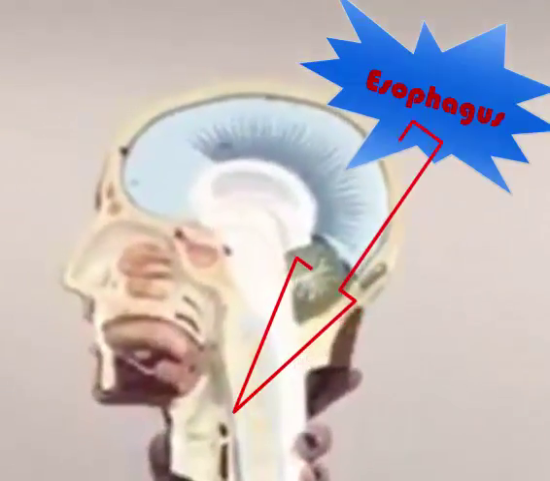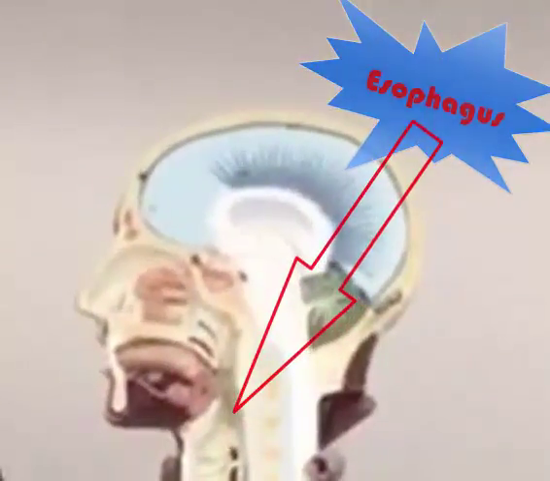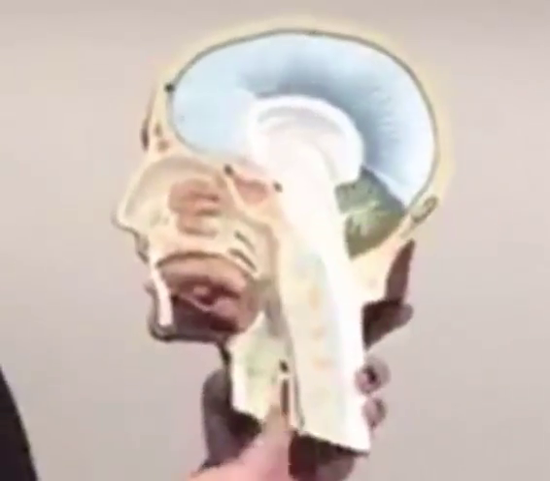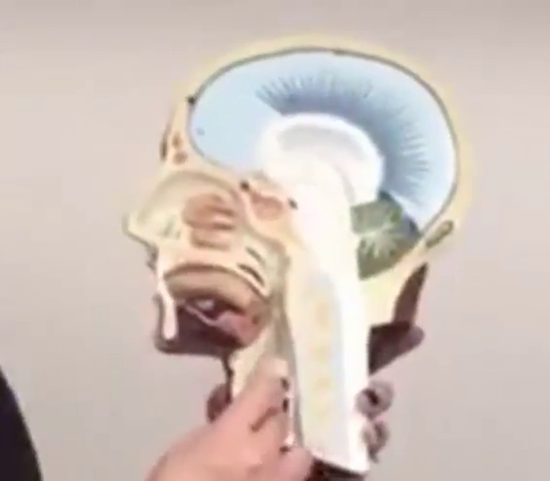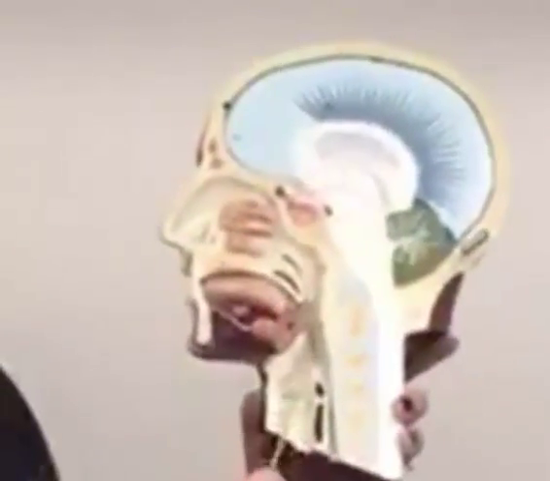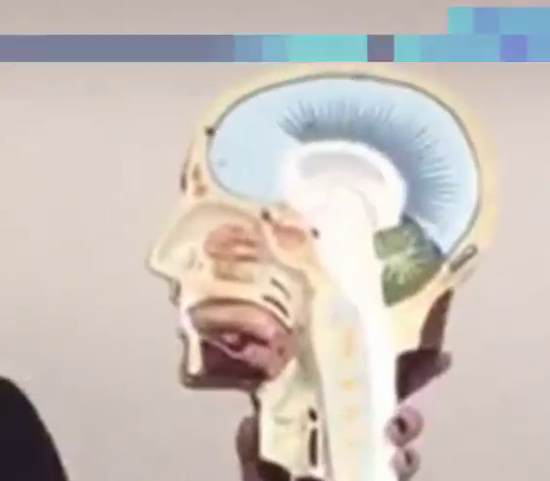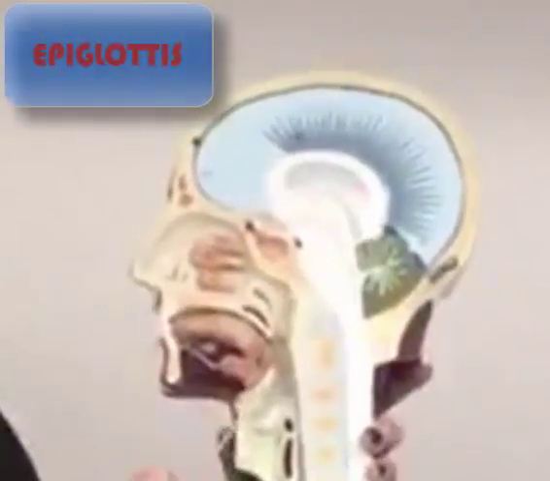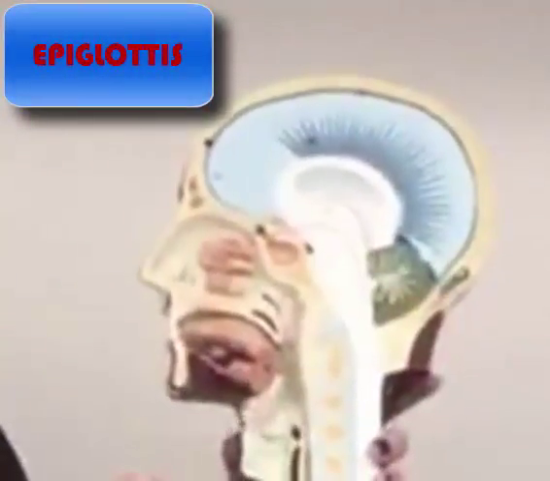Okay. If we end up laughing while we're eating and end up accidentally choking or inhaling something, it's not supposed to, but at times it can go this way as well. This is the trachea. Technically we know it's the larynx and the trachea goes further. And this area right here, this is the epiglottis.